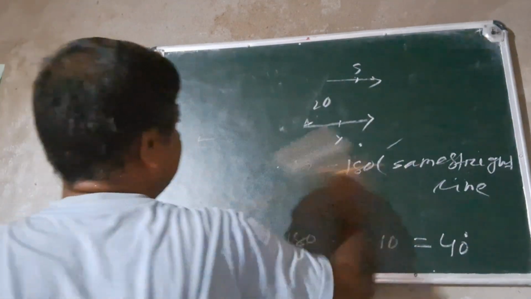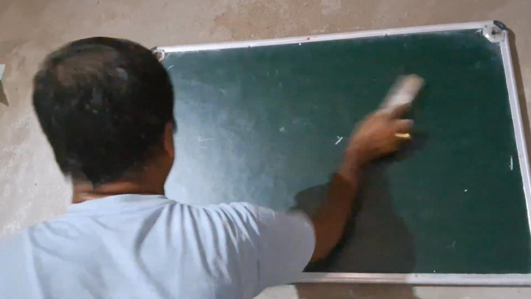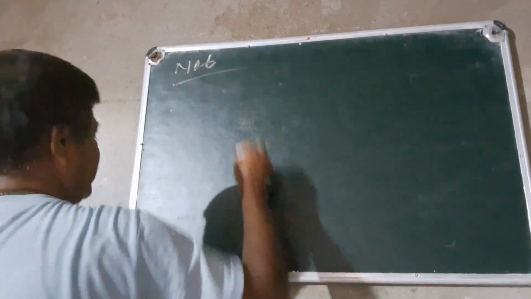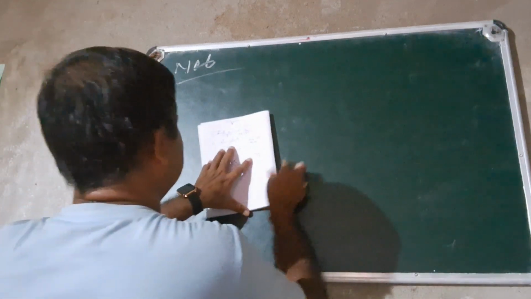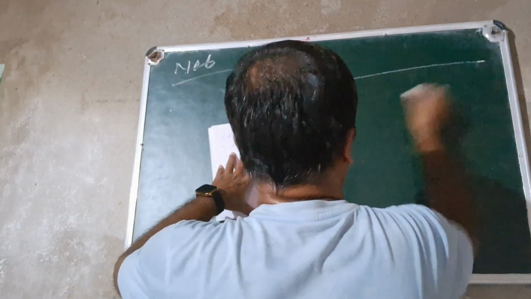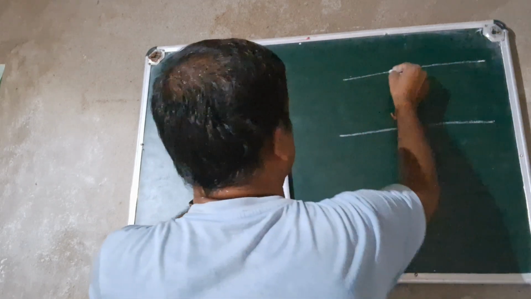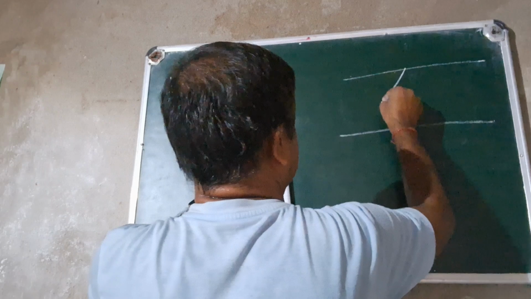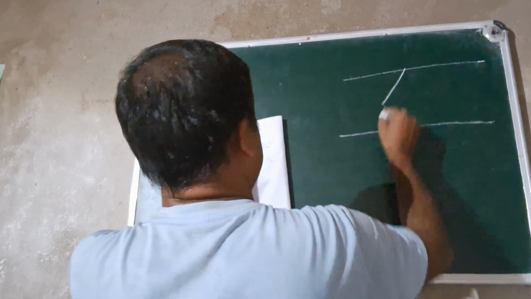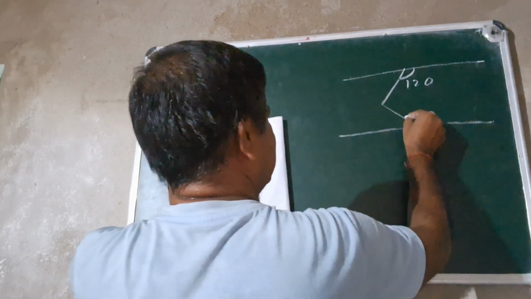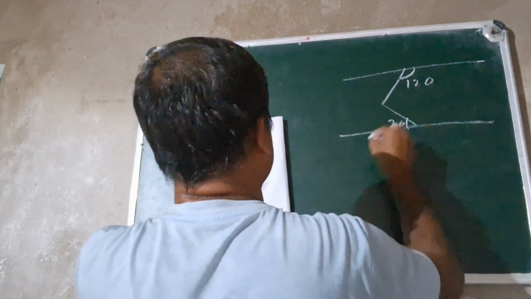Next, number 6. What is given? PQ parallel to RS. In the figure, this angle is 120 and this angle is 30.